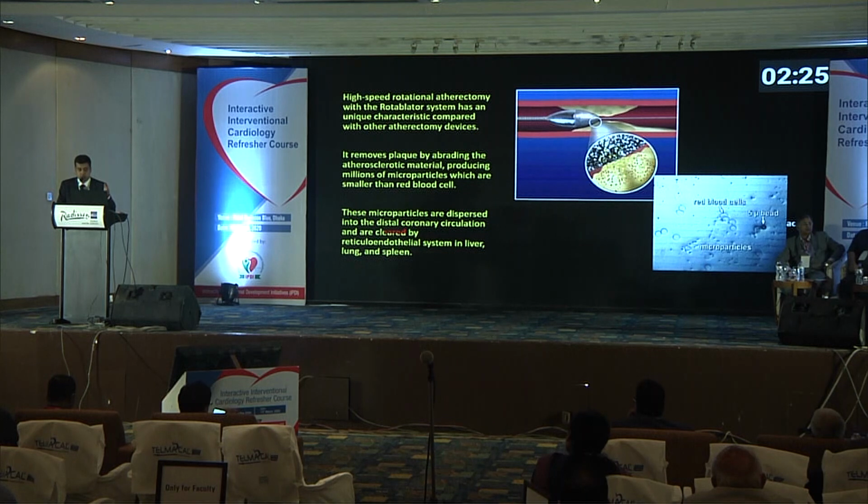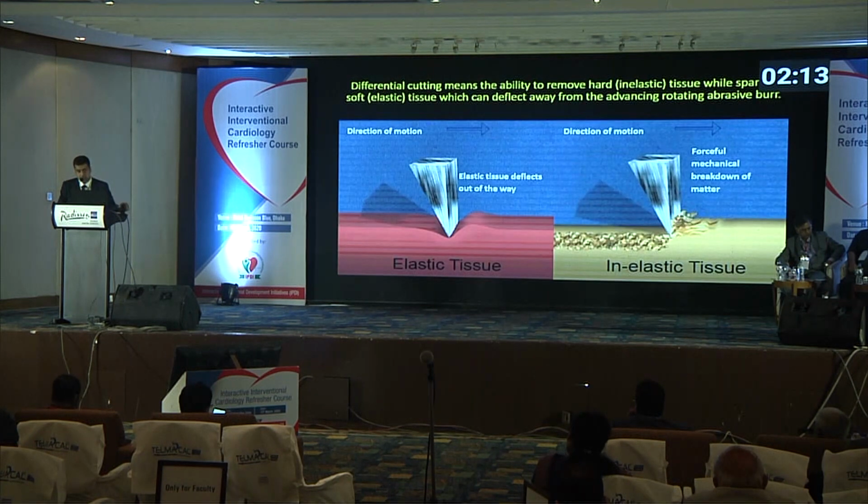Rotablation actually ablates the lesion and makes it into microparticles which go into the circulation, which are smaller than RBC and are taken up by the reticuloendothelial system. Differential cutting is the concept like we use the shaving razor. It cuts the hard structures and preserves the elastic or smoother surfaces like the skin.